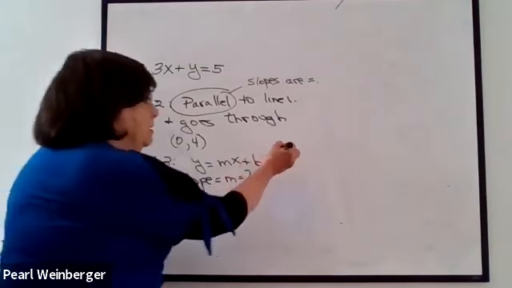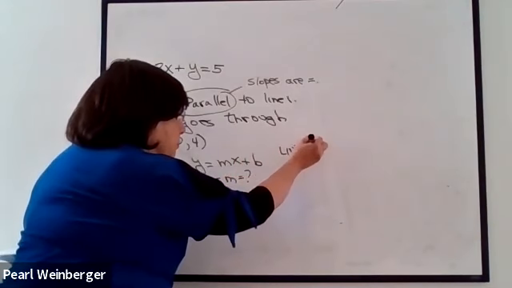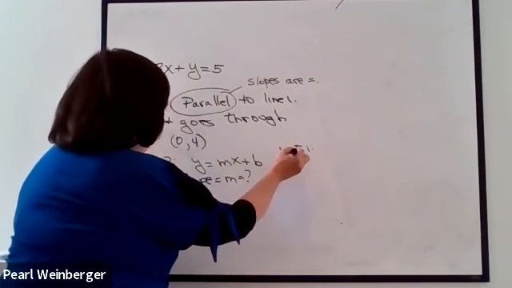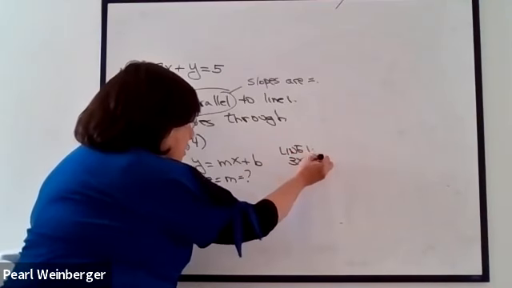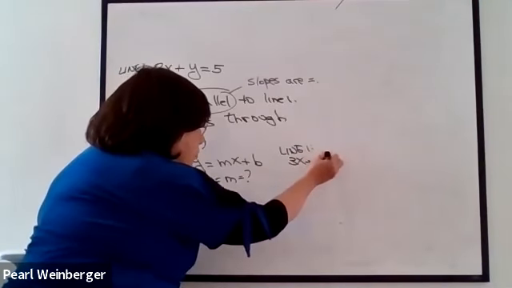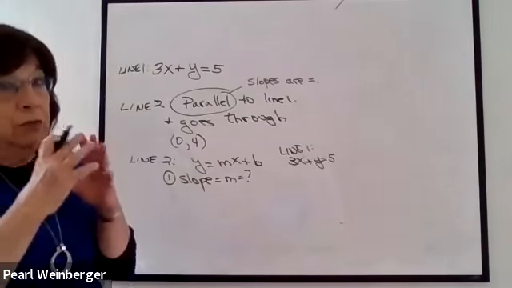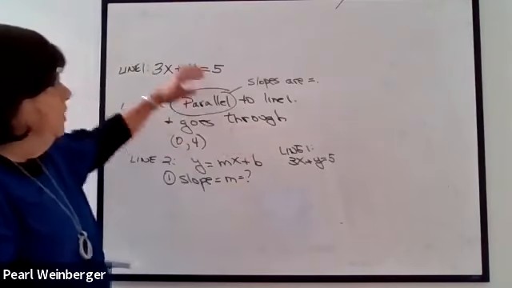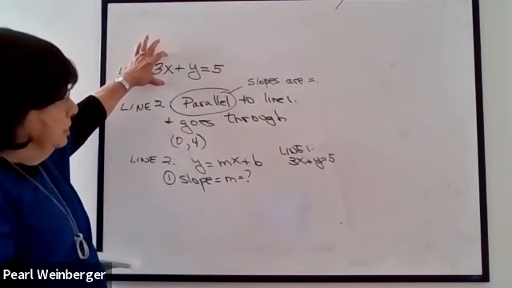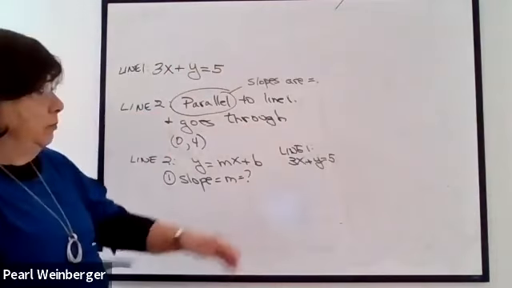So if I take line 1 and I can figure out what the slope of line 1 is, that will also give me the slope of line 2. Again, when I want to write the equation of a line, I want to find the slope first. Here, I'm going to have to find the slope of the first line because that is also going to give me the slope of my second line.